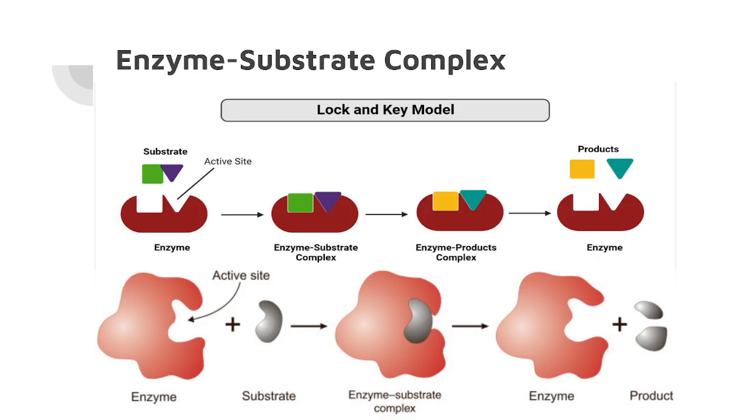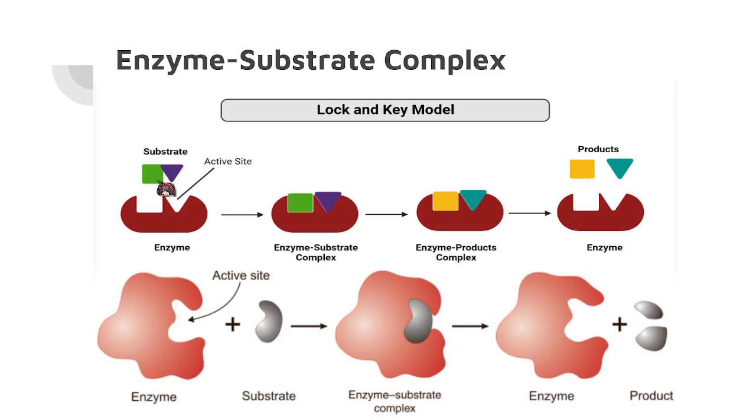And so once an enzyme binds to a substrate, we will oftentimes call this an enzyme substrate complex. There are essentially two types of enzyme substrate complex. The first one is the lock and key model, where the substrate binds perfectly to an enzyme's binding site, as we see here.